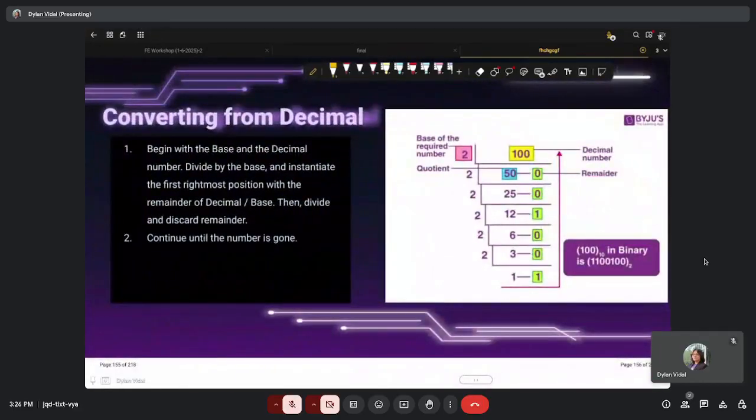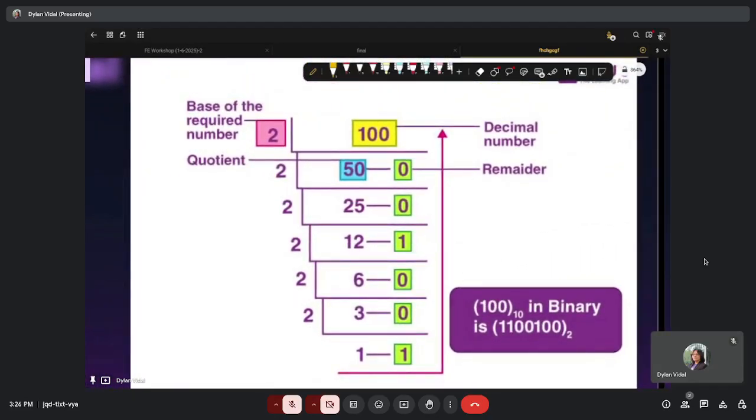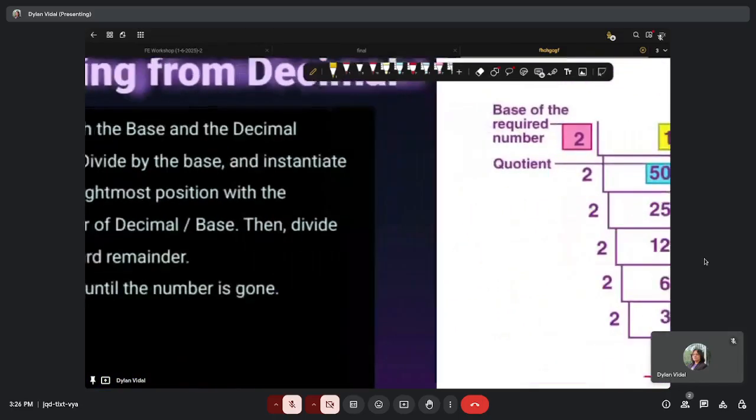And then, obviously, we need to know how to do it the other way around. We can't just go forward. We need to go backwards. So the way that you convert a number from decimal into whatever system, and again, this is base x, this example is base 2, you are basically going to, back here, right?